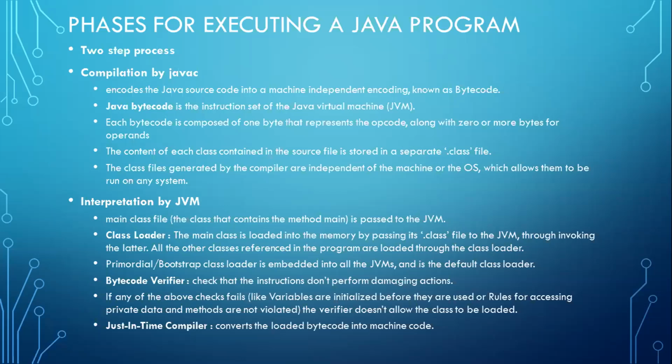One runs before you start executing your Java program, and it helps you generate the .class file or bytecode. Then, when you are running your Java application through the JVM, the JVM takes the .class file or bytecode as an input, runs it, and then just-in-time compilation kicks in.